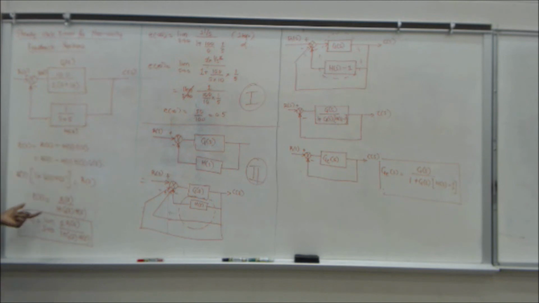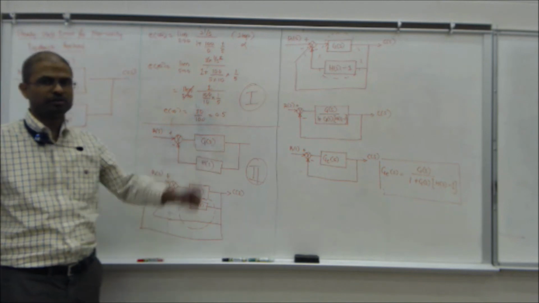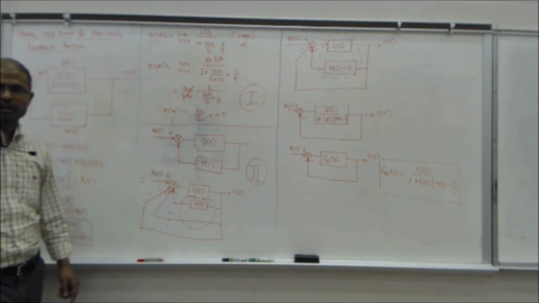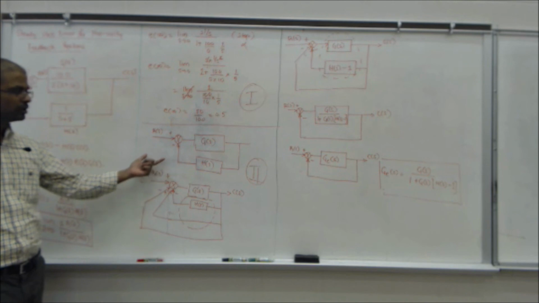And then you define steady state error. Steady state error is what? This error as s tends to 0. That's it. Right? So you can either go by this definition or you do a block diagram reduction to a unity feedback system. And this would be pretty common.